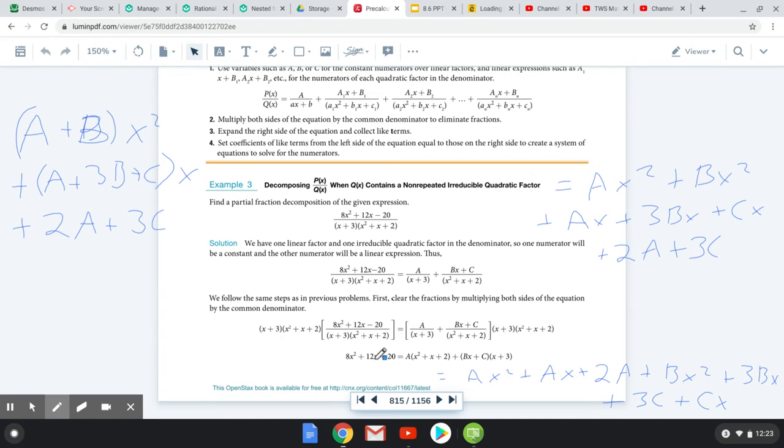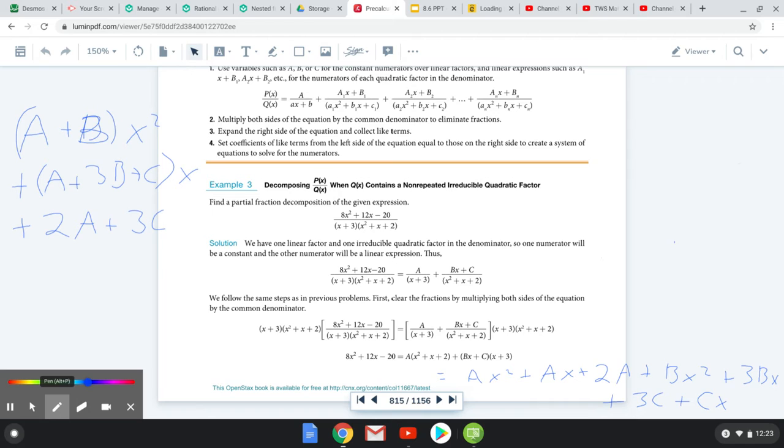And then just like we've been doing, we're going to compare that with the coefficients in our original numerator. So the coefficient of the x squared has to match the coefficient of the x squared. I'm going to erase this so that I can write over here. So that's a plus b equals 8, right? And then a plus 3b plus c equals 12.